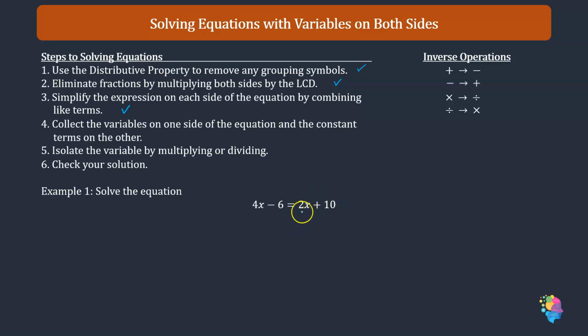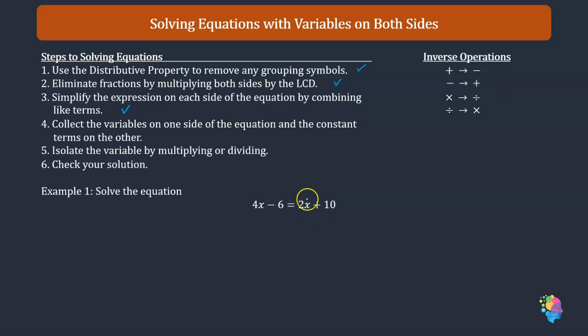So I have an x on the right side that is a positive 2x. If I wanted to get rid of the 2 only, I will see what the 2 is doing to x, and that will be multiplying. So the opposite of multiplication would be division. However, I don't want to separate the 2 from the x.